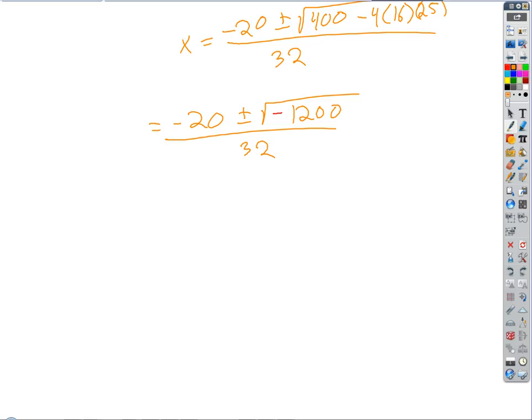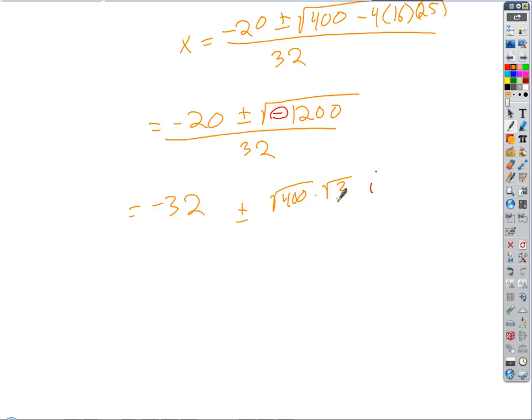So we could break this down into negative 20 plus or minus. The square root of 1200 is going to be the square root of 400 times square root of what? Yeah, we're going to get an I, aren't we? For sure we're going to get an I from the negative. But 3, isn't it? 400 times 3 is 1200. Agreed? Okay, and then here's the other thing we're going to do.